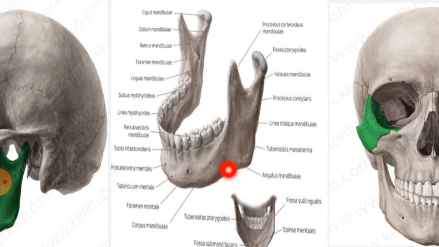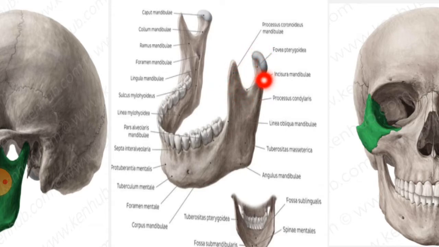This part where the ramus and the body join is called the angle of the mandible. This part is called the ramus of the mandible. These two are the processes.